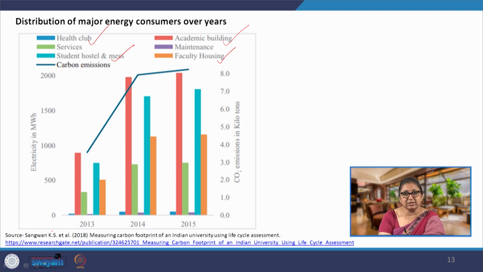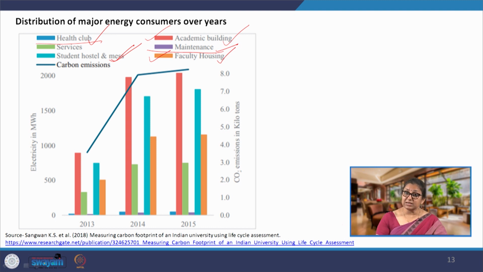All the energy that is being consumed by this institute is going in academic buildings, faculty housing, student hostels and messes, health clubs and all these different types of buildings, and then on top of that their maintenance, a lot of maintenance activity for these buildings.